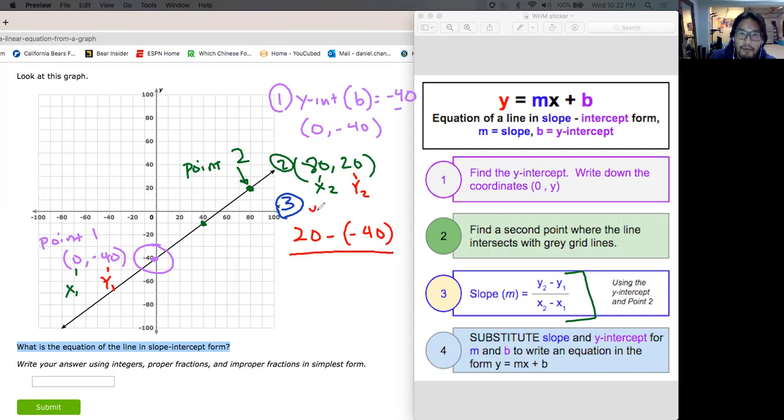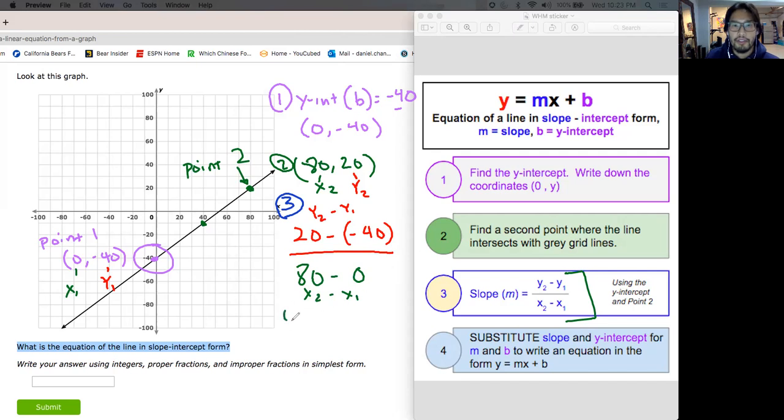And that's y2 minus y1. And then underneath, I'm going to do x2, which is 80 minus 0, which is x2 minus x1.